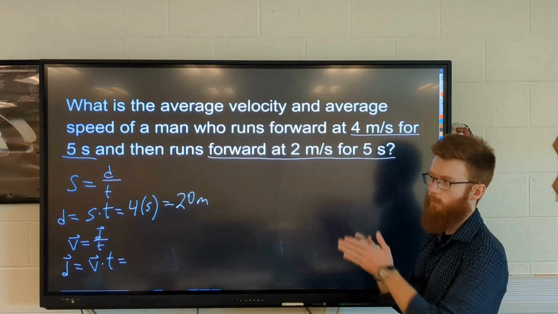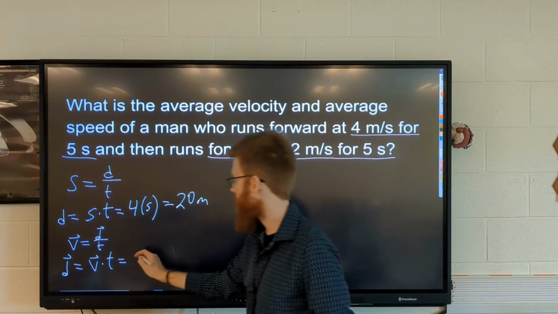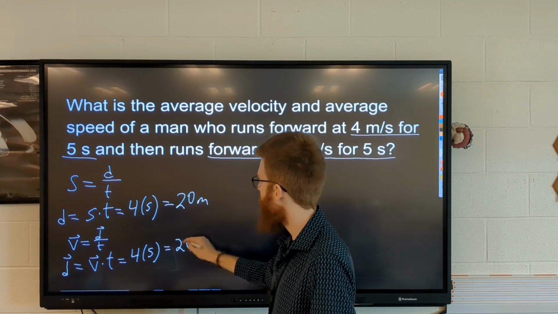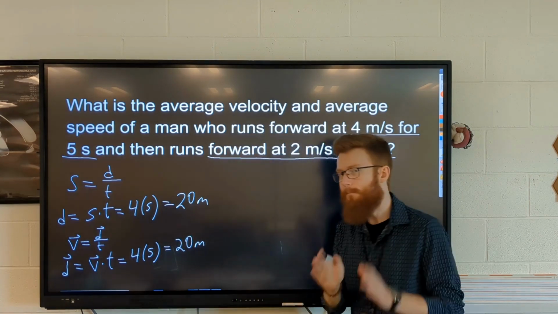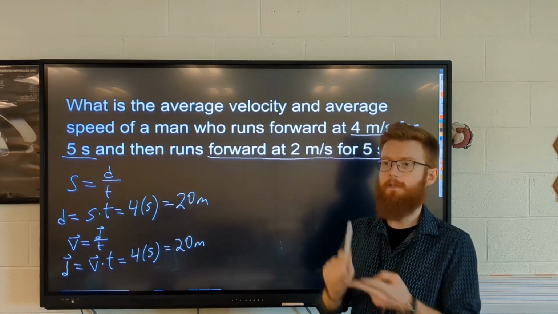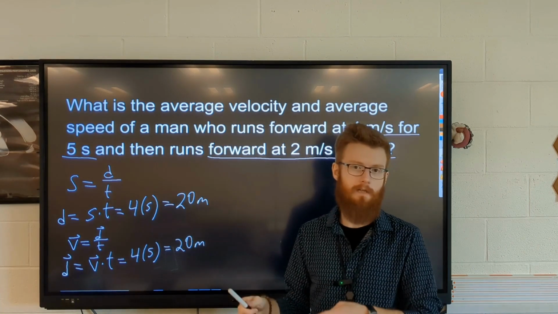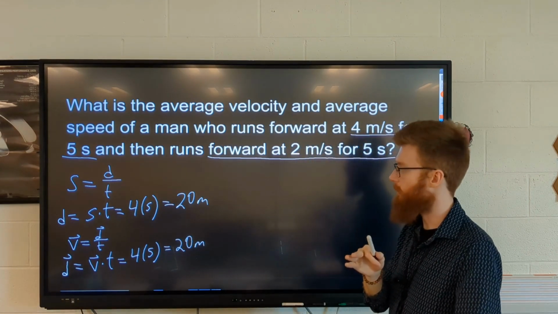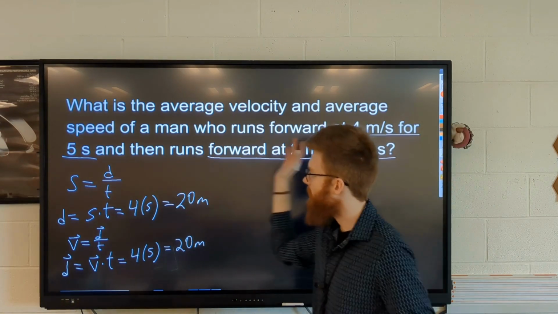We generally treat forward as the positive, so that's still just positive 4 times 5. In this case, it turns out to be the same thing. Many times, your distance and your displacement do end up being the same, but not always, which we'll see an example of in a moment. That's for the first step.